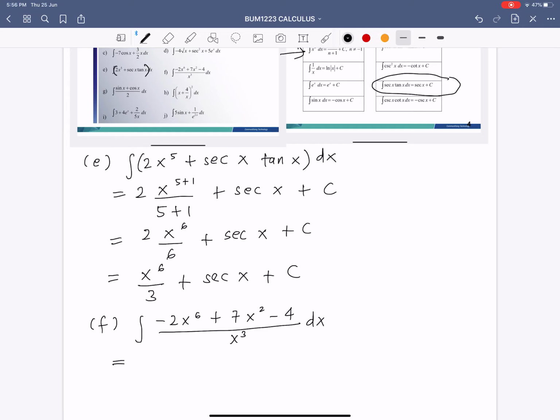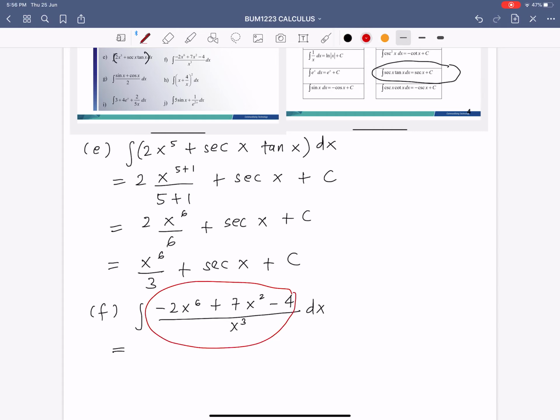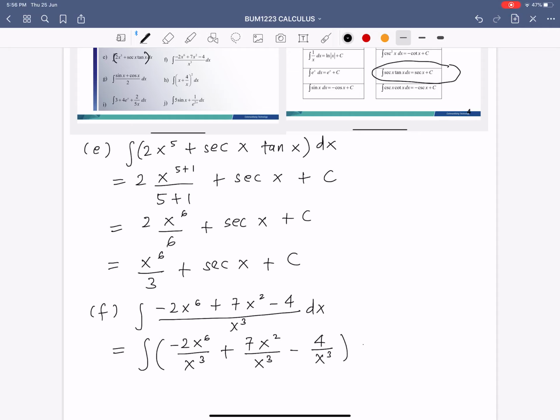What we will do here is split the numerator from one expression into 3 different terms. So this equals the integration of negative 2x power of 6 over x cubed plus 7x squared over x cubed minus 4 over x cubed dx.